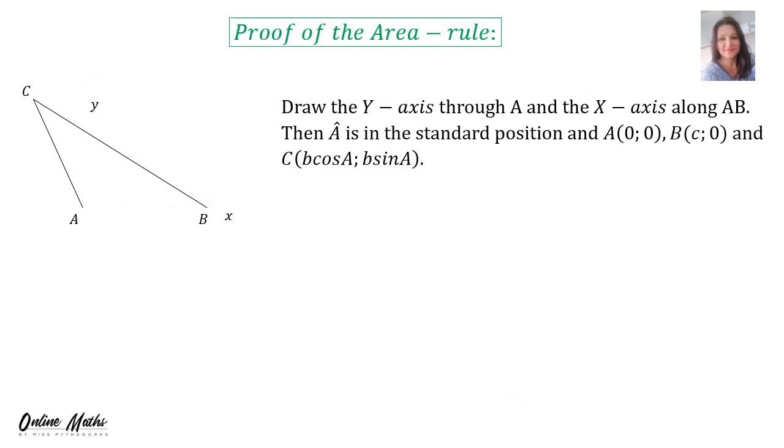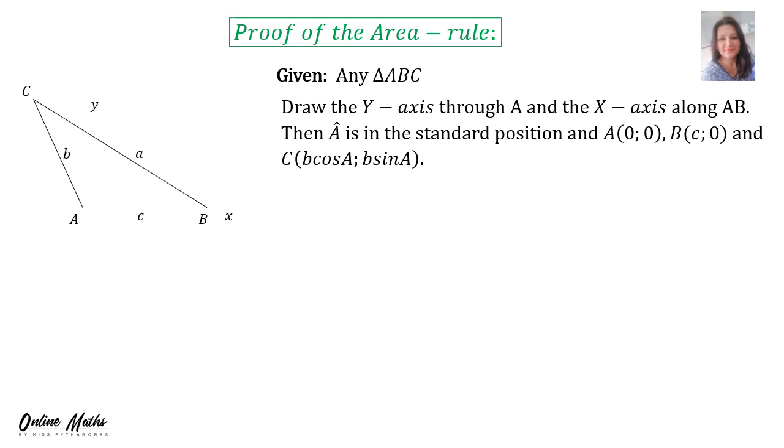Now I'm going to start with the proof of the area rule. Always given is any triangle ABC. You have to sketch the triangle, write down the words and explain your triangle. First of all, that is little a, that is little b, that is little c.